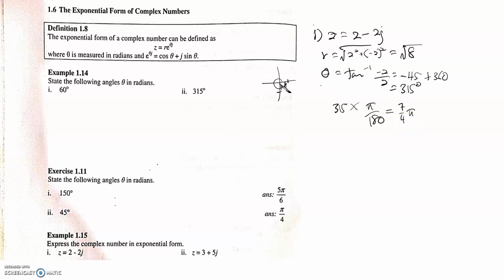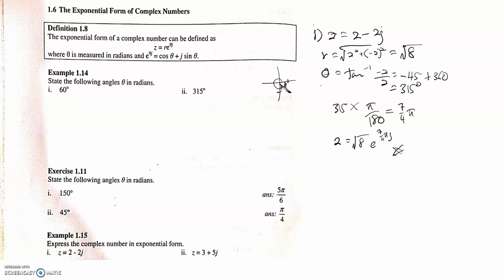So let's change it into this form. We have z equal to square root of 8 exponent, and then let's substitute the theta. So we have 7 over 4 pi j.